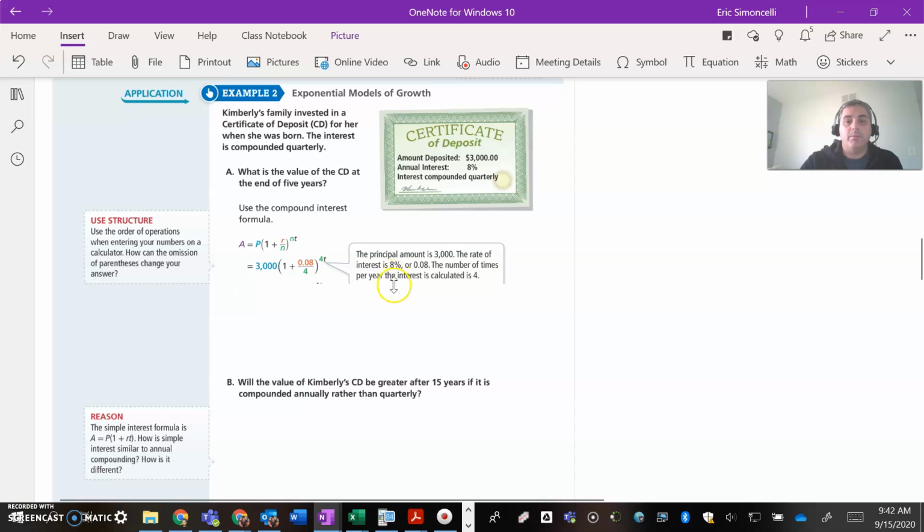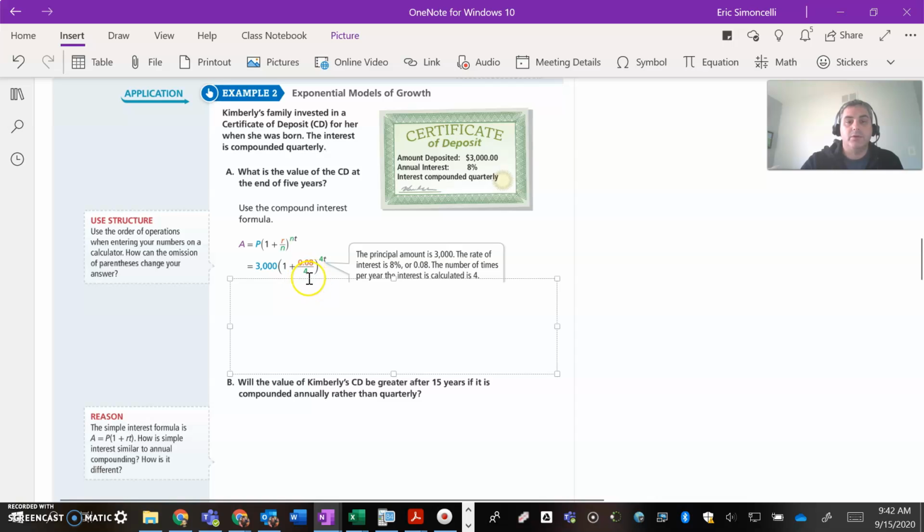All right, so here's the setup. A again equals P times the quantity 1 plus r over n, to the nt power. The numbers that make sense to substitute for the variables: 3,000 was the principal, and 0.08, which is 8% as a decimal, is the r value.